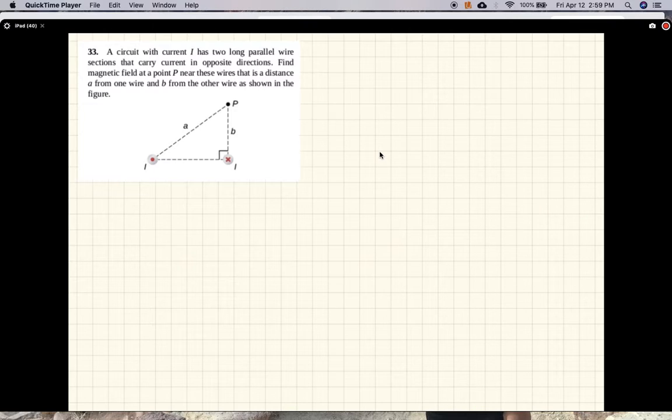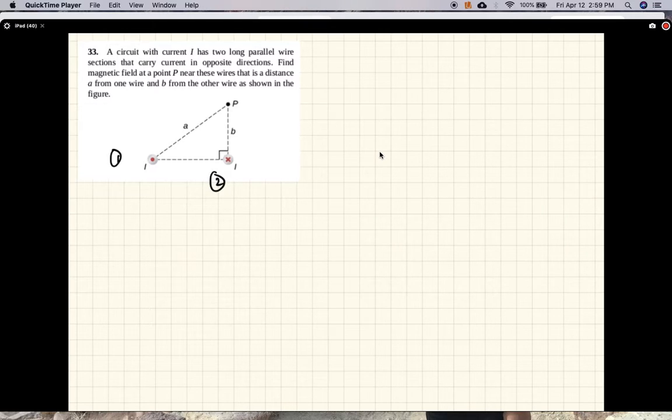Okay, so what we're doing is we're finding the magnetic field at this point. Here's a current coming out of the paper. If you stick your thumb out in the direction of the current, your fingers will tell you the field direction. We'll call this current 1 and this current 2.